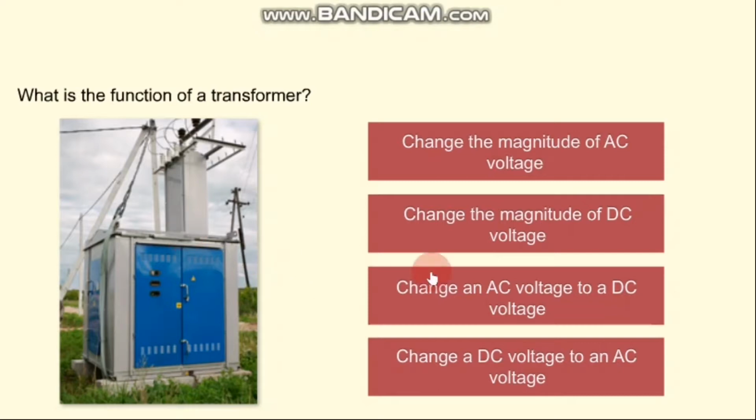Look at these 4 choices of answer. Which one do you think is the best or the correct function? Is it number 1 or number 2 or number 3 or the last one? Yes, transformer is a device which is used to change the magnitude of an AC voltage.